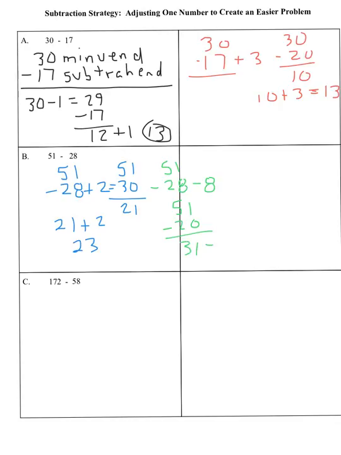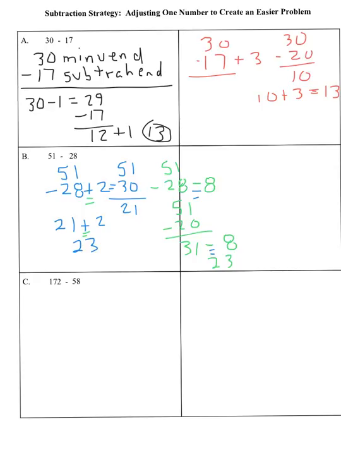But we'd still have to subtract 8 from that difference to give us an answer of 23. Let's be honest, I don't think that was an easy way to do it. But if we notice, look what we did. Here we added, here we added. Here we subtracted, here we subtracted, both times because we were impacting the subtrahend.